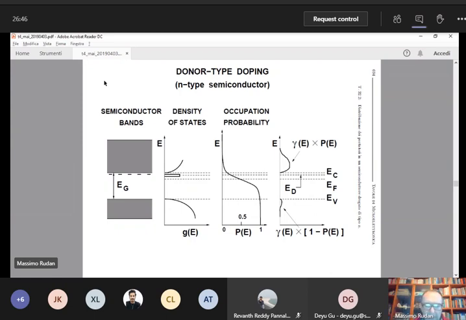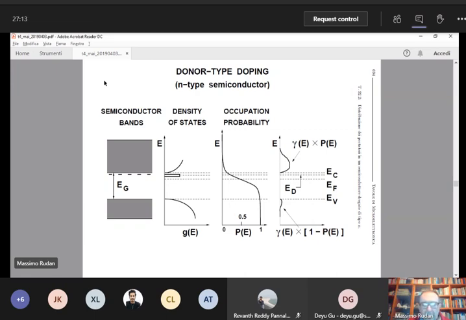So that means that the probability of occupation of the states of the conduction band becomes larger than in the intrinsic case, and the probability of occupation of the holes of the valence band becomes smaller, okay?